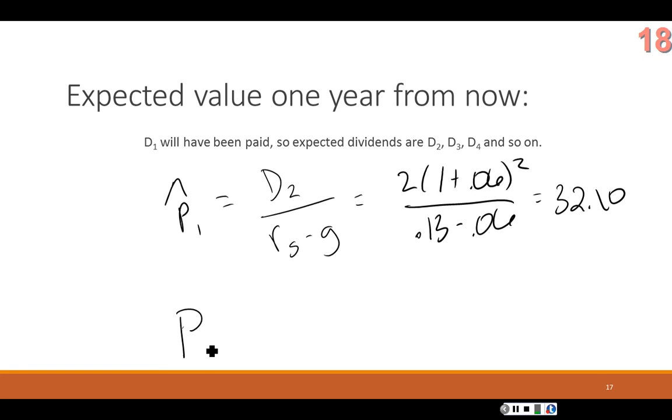So the intrinsic value of a stock at time period T, where if it's today, time would be 0, is equal to the dividend at time T plus 1, divided by the required return minus the growth rate. So you can calculate intrinsic value for any time imaginable.